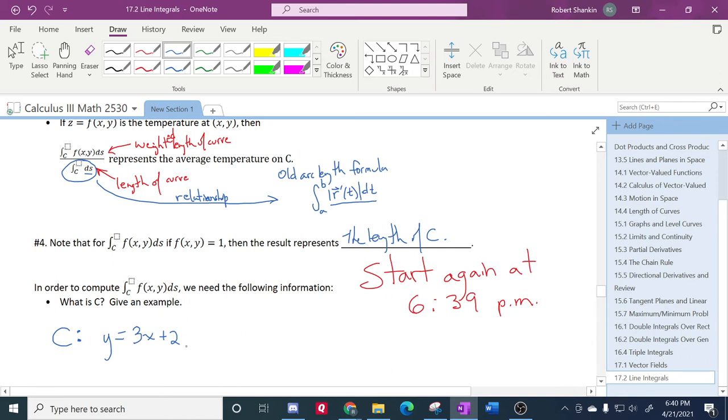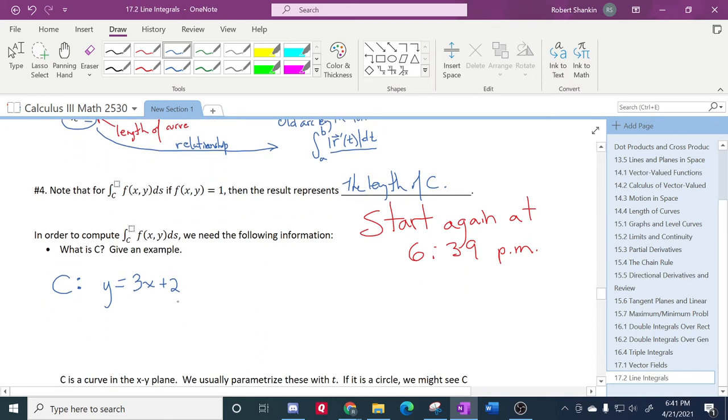Okay, that could be a function in the domain that's a curve, and then we'd have to specify even endpoints on it, so it's not infinitely long. Even if it's something like that, it's handy to have this be x equals t, y equals 3t plus 2, and then t goes between 1 and 3 or whatever it is.